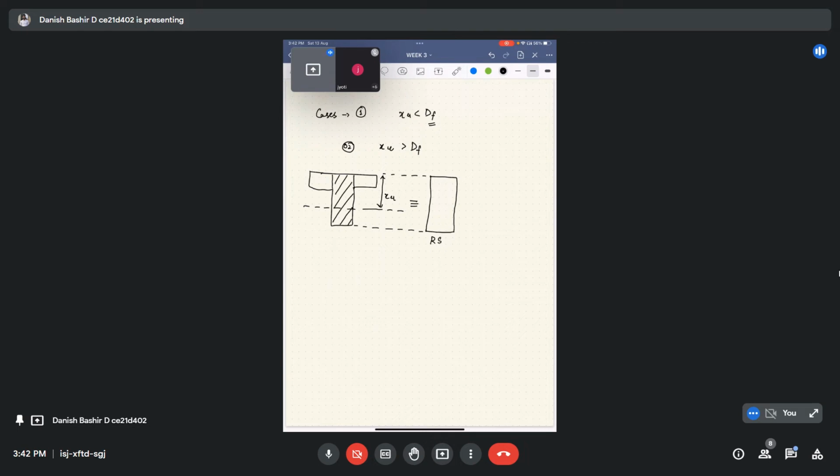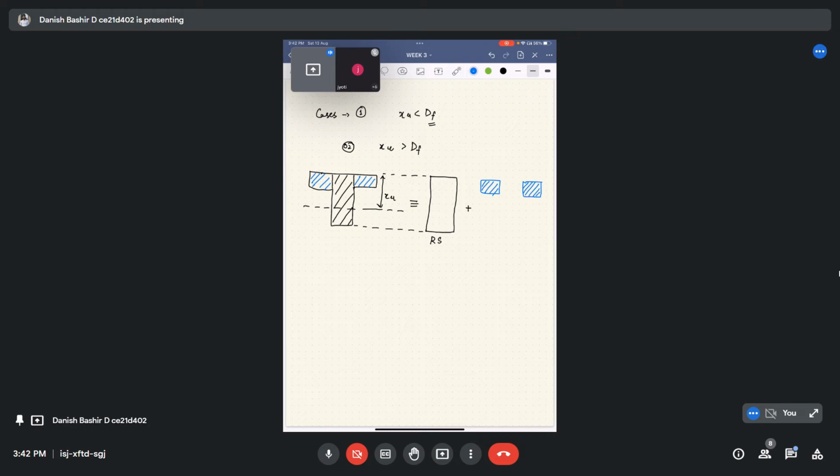We can do the analysis for this rectangular section easily because we already had done the problem for this. And these two, let me draw with different colors, these two smaller components. Can we do their analysis easily? Yes. They are only concrete sections. We can do it easily for this also.